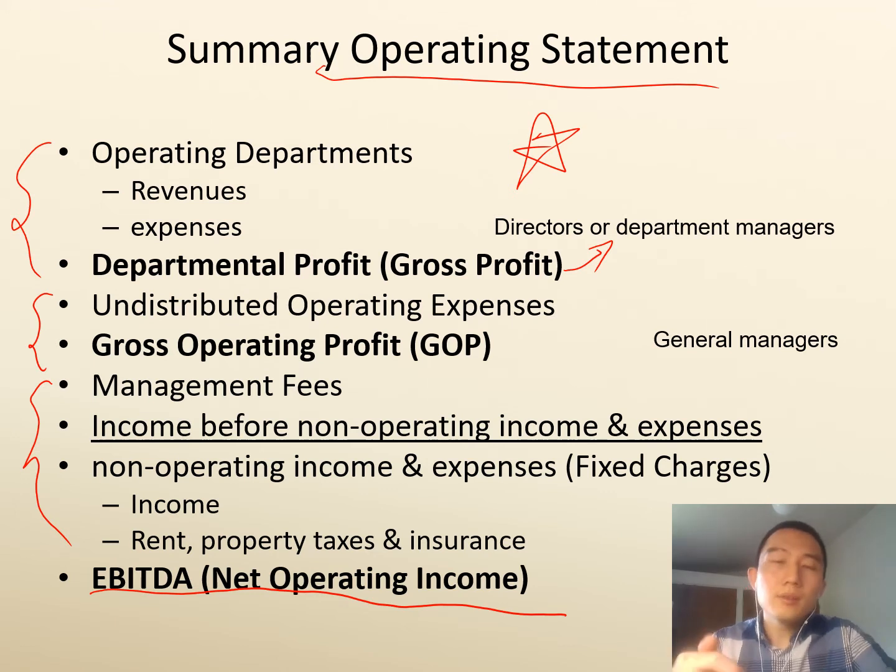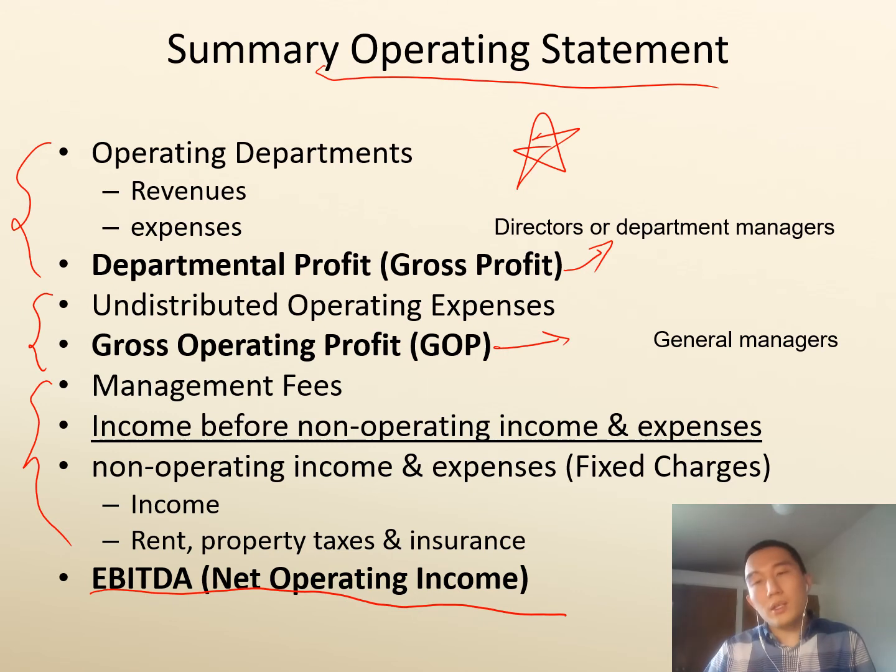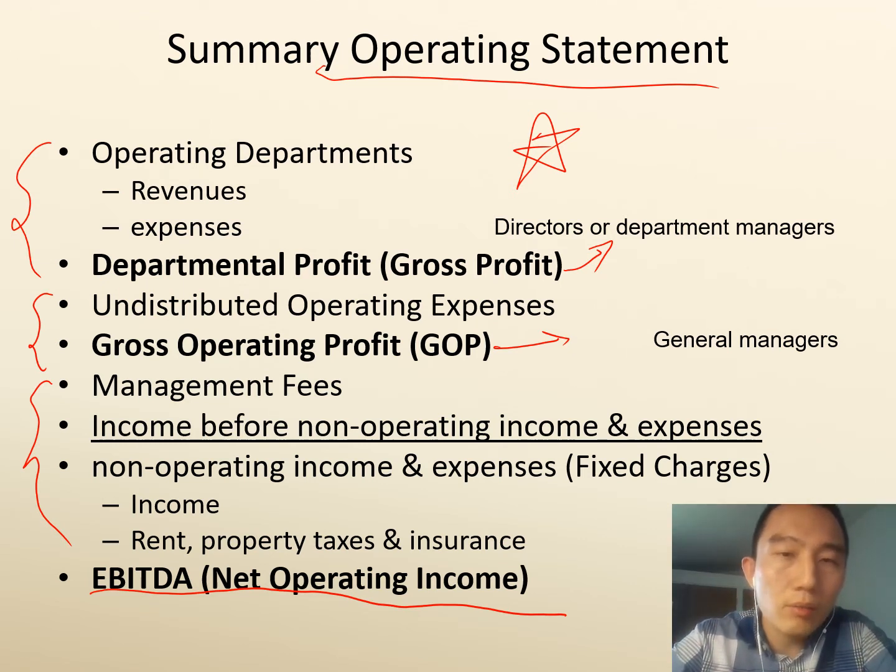After that, we consider the undistributed operating expenses, such as sales and marketing, administrative expenses, utilities, and maintenance. We take the departmental profit and subtract the undistributed operating expenses, and we get the gross operating profit, GOP.